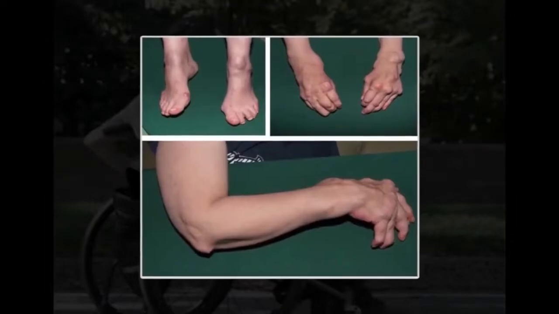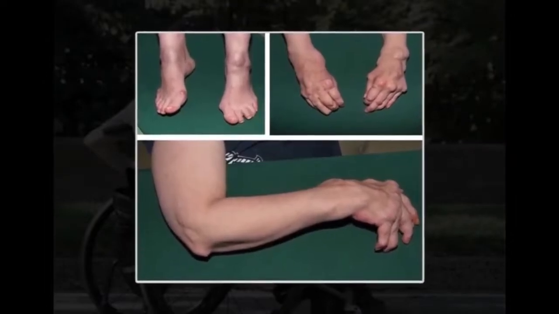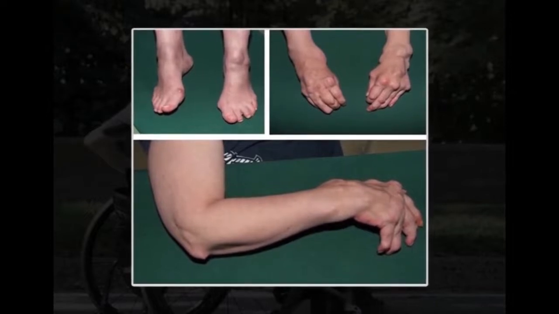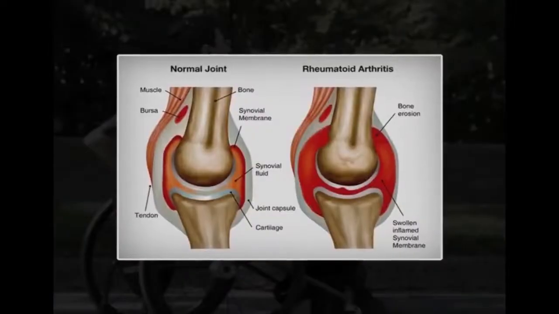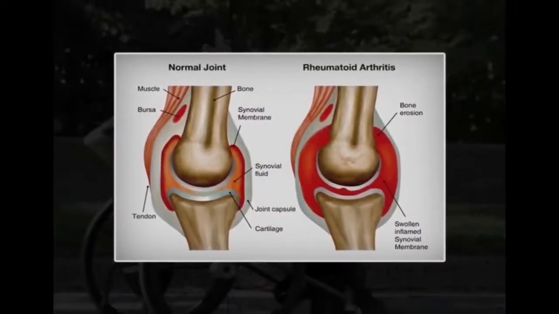Rheumatoid arthritis is a disorder in which the body's own immune system attacks the body tissues. The attack is not only directed at the joint but also at other parts of the body as well. In rheumatoid arthritis, most damage occurs to the joint lining and cartilage, which results in erosion of two opposing bones.